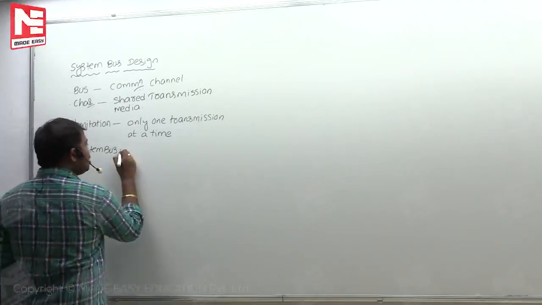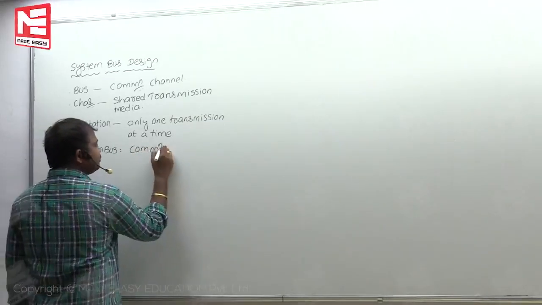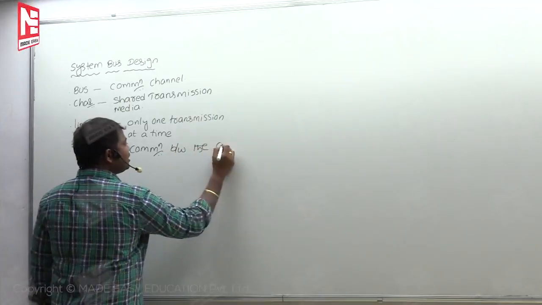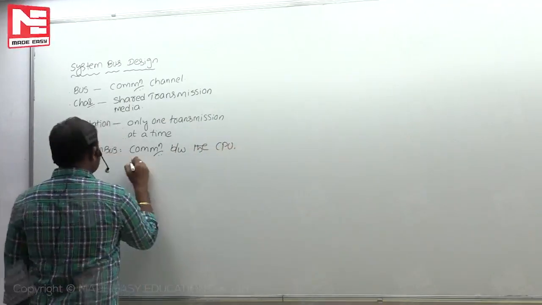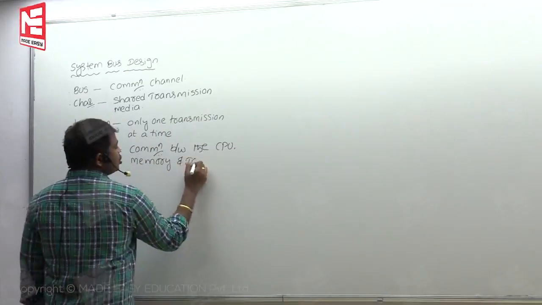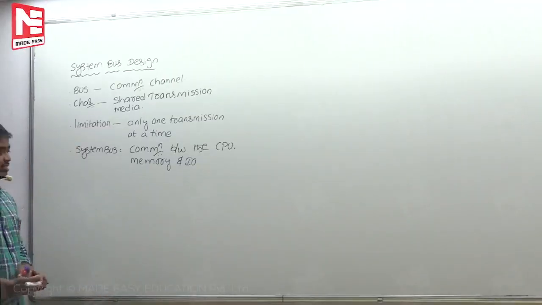System bus is also a kind of bus, but it provides the communication between the major components of a computer. What are the major components? CPU, memory and IO. The major components of the computer communicate with each other via the system bus.